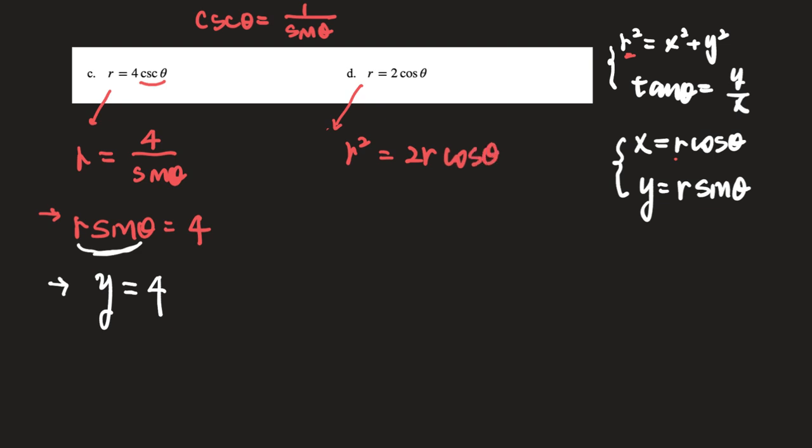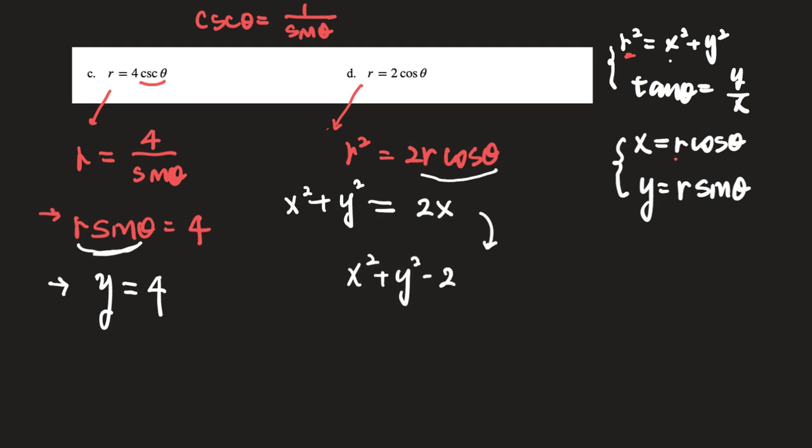Here r cosine theta is replaced with x, so that's 2x. r squared is replaced by x squared plus y squared. So you guys remember from pre-calc algebra, this one is x squared plus y squared minus 2x equals 0.